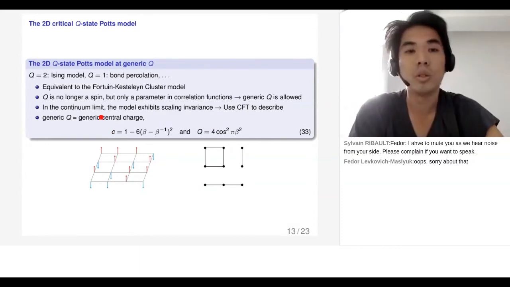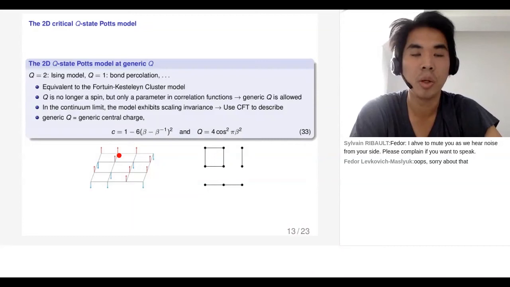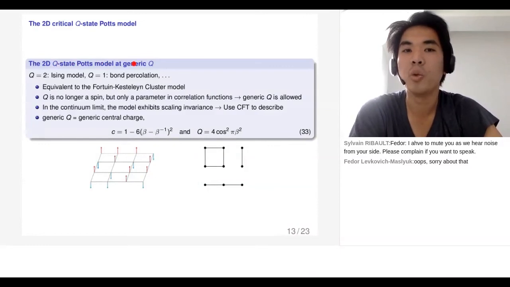As we know, the Potts model is some sort of generalization of the Ising model, in which each point on the lattice may take not only two values of spin, but Q values of spin for the Q-state Potts model. And one can even allow this Q to be generic by using the so-called Fortuin-Kasteleyn cluster representation.